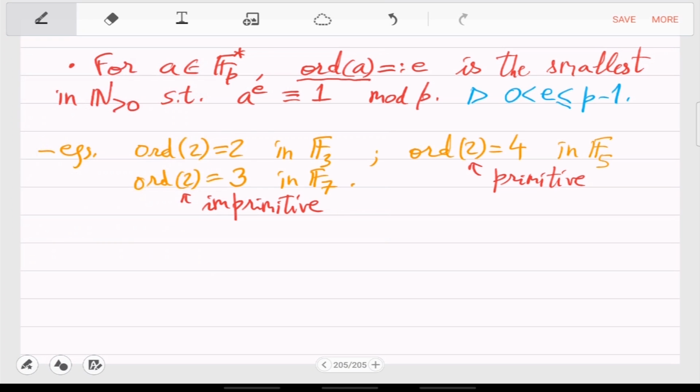Okay. Yeah, so let's prove some simple properties of order.